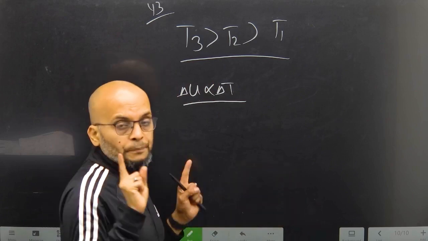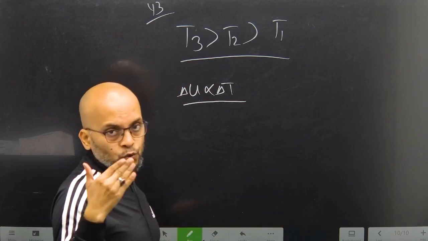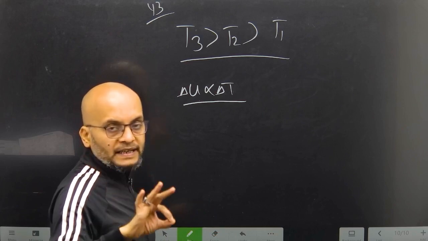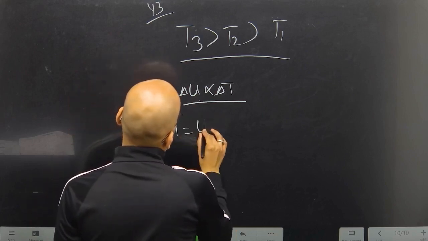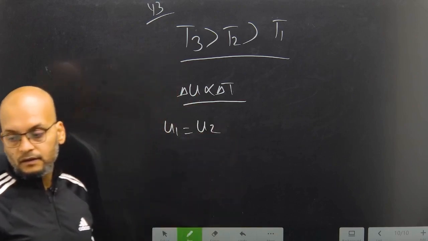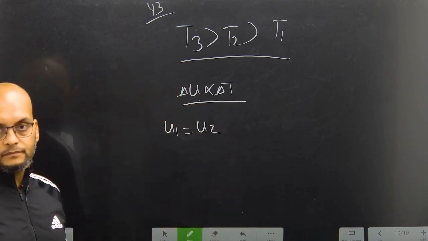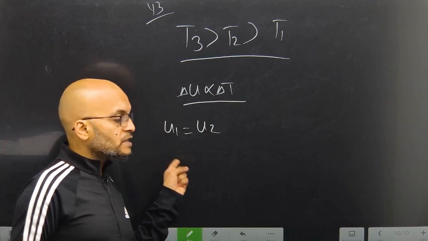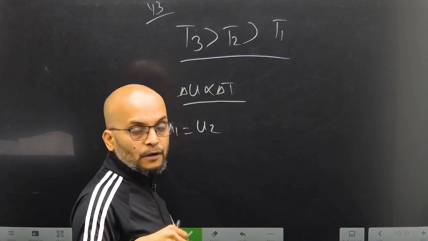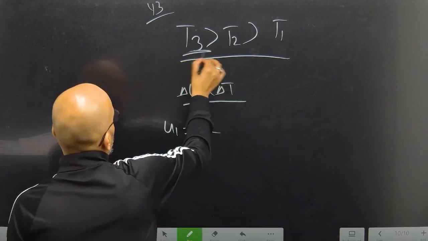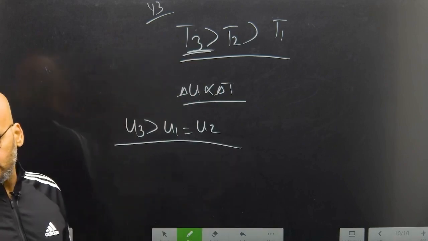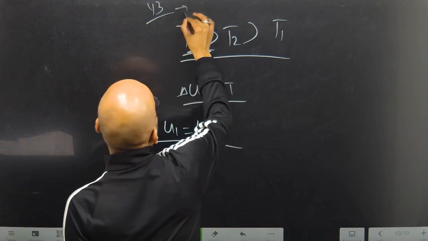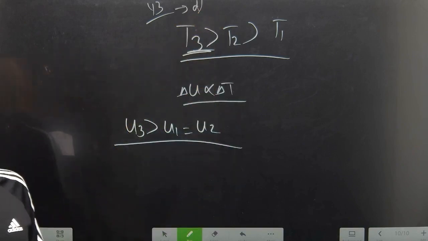Now for process 1 and process 2, the gas is traveling from T1 to T2, so for them internal energy will be same, yes or no, right or wrong. And for process 3, the transition is from T1 to T3 and T3 is the highest, so U3 is the greatest. So your option D is correct.